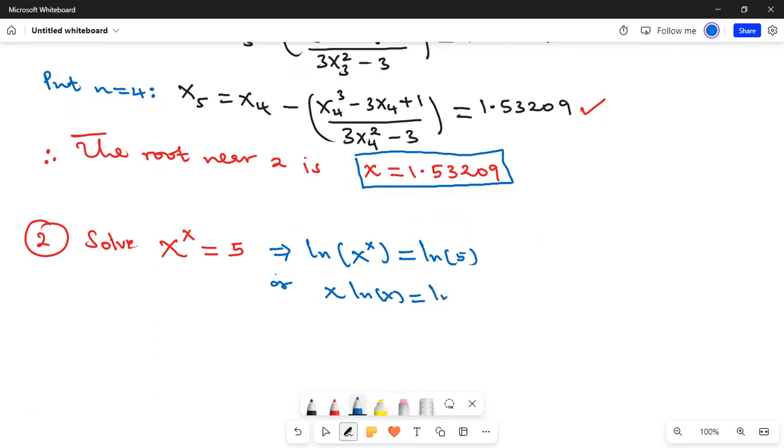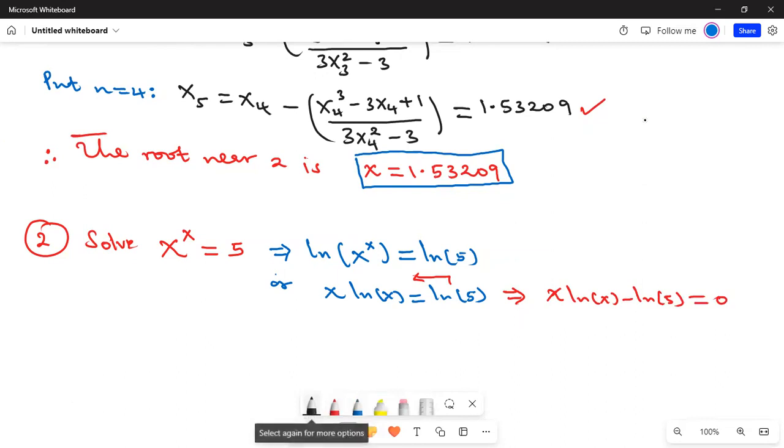That is equals to ln 5. If I take everything to the left-hand side, so from here we'll get x ln x minus ln 5 should give us 0. And in general, f of x must be equal to 0.